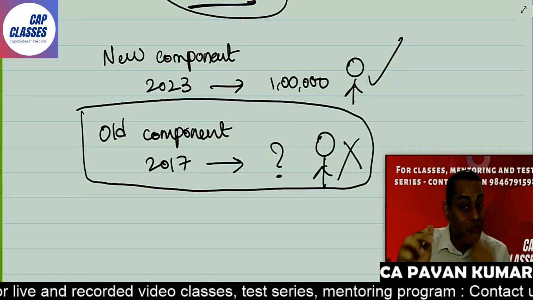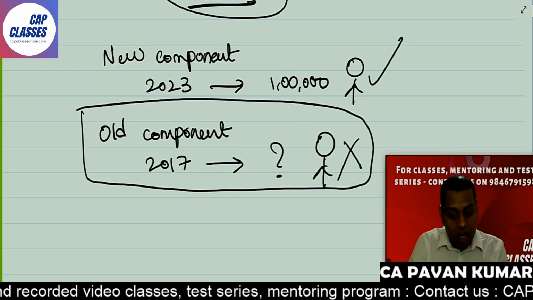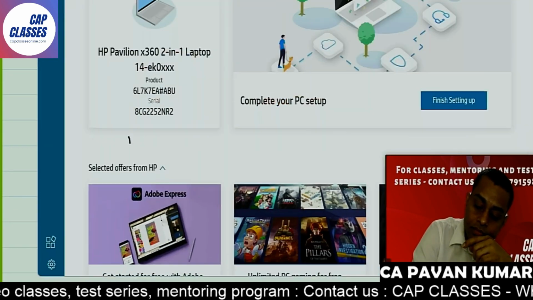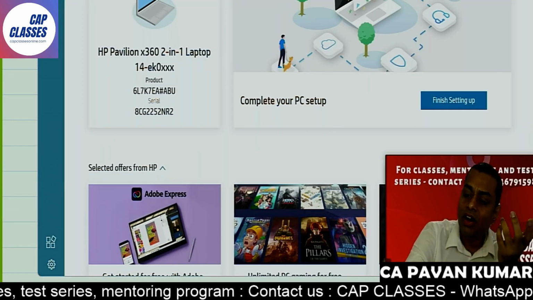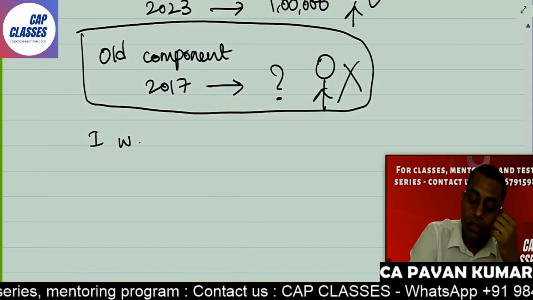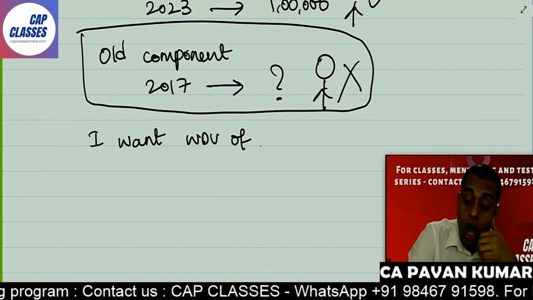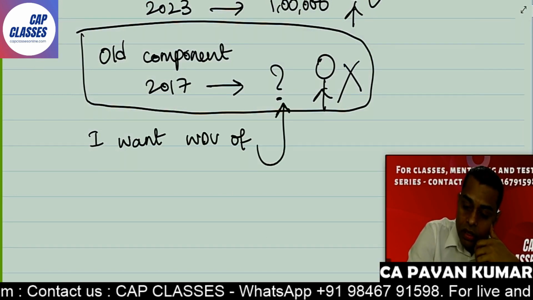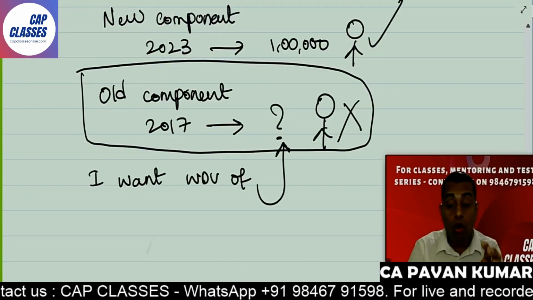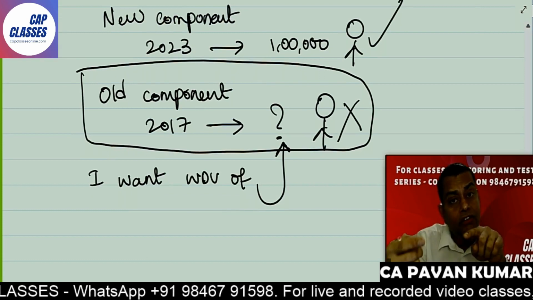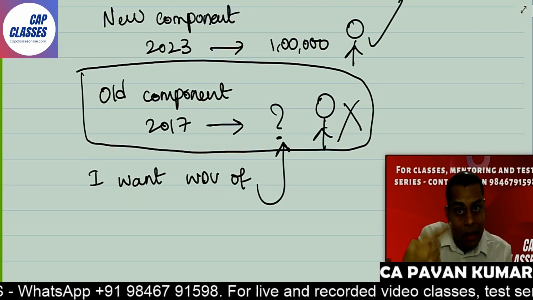What I want now is the WDV of this. I don't want old component value in 2017. I want WDV of the old component in 2023 when I am replacing it.